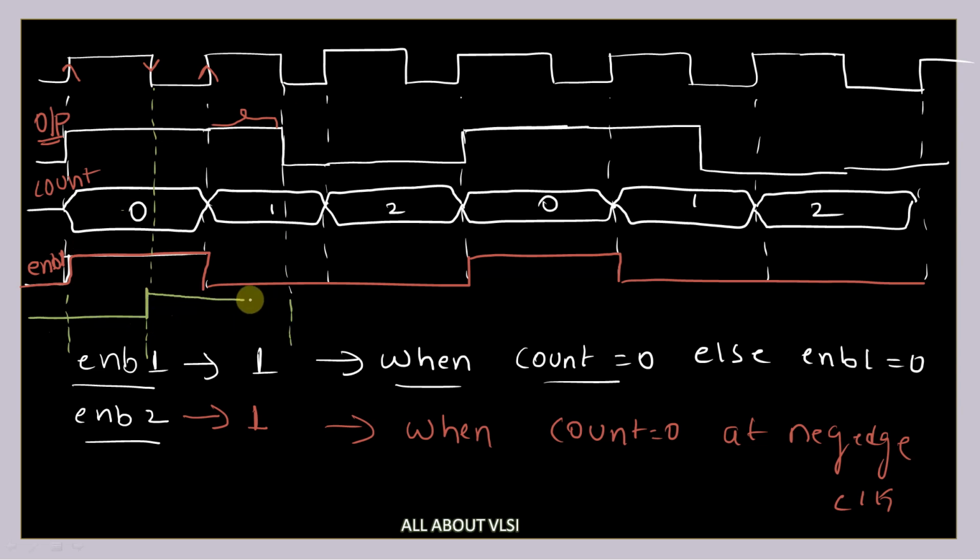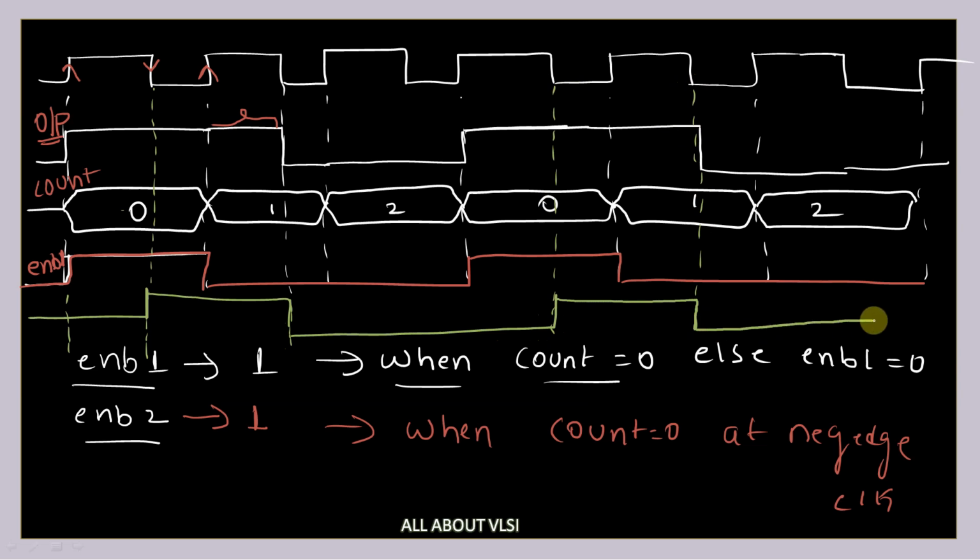And again it will become 1 here, and it will become 0 at this negative edge, and so on. So this is my enable 2 signal.